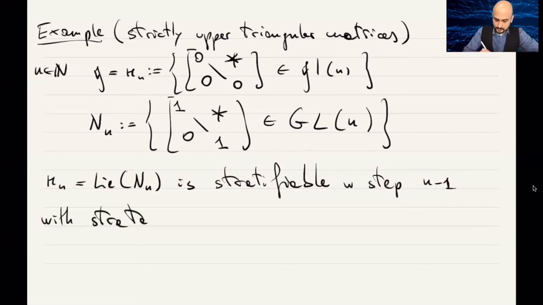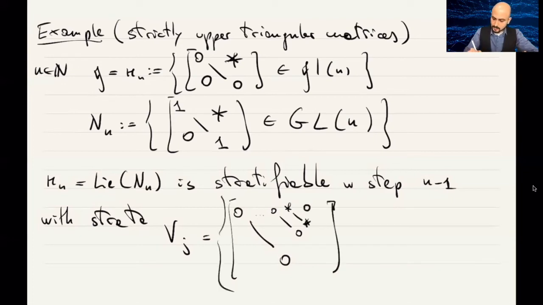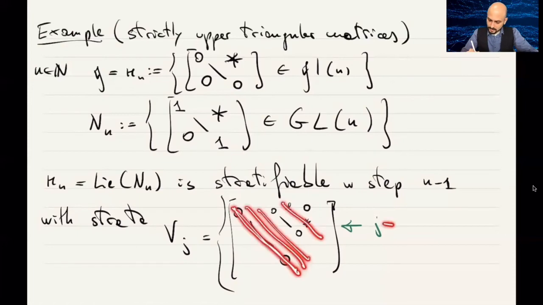So the stratum V_j is the set of matrices that have 0 in the diagonal, a lot of zeros, and have some entries in the jth diagonal. If we call the main diagonal the first diagonal, then we have the second and third, and this should be the j plus 1 diagonal.